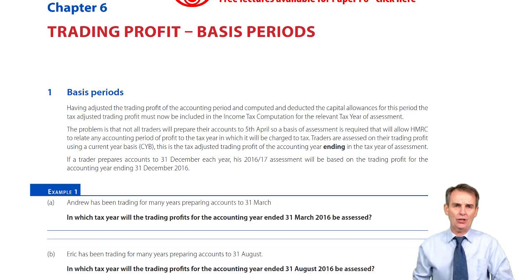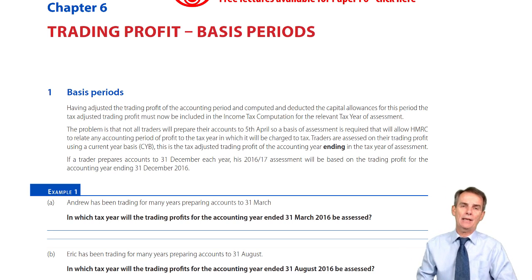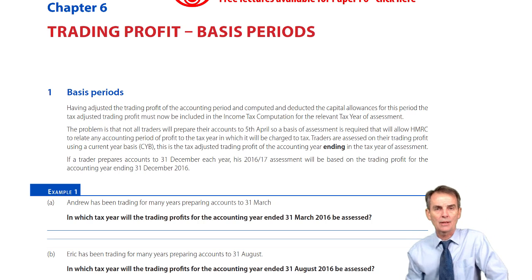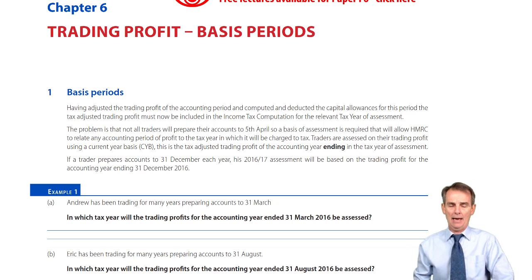How do we relate any such trading period to the given tax year in which the tax adjusted trading profit will now be assessed? Of course, in chapters 4 and 5, we looked at how we calculate that tax adjusted trading profit, the adjustment of profit process, and what looms large in that exercise is the computation and deduction of capital allowances.